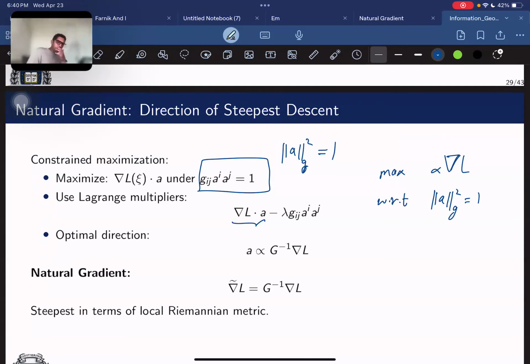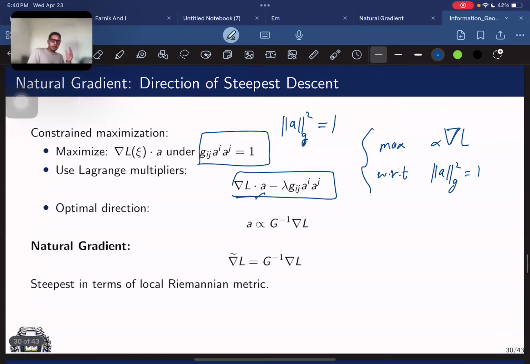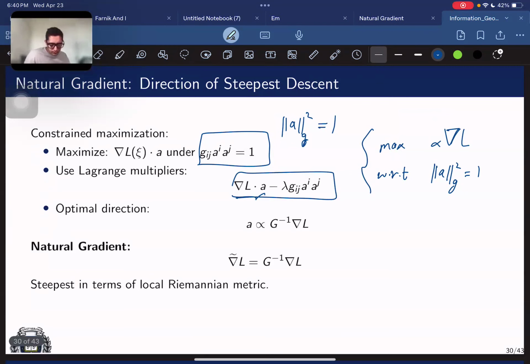If you write the Lagrangian of this problem, it would be this. And then if you take the gradient with respect to A here, you would get that A is given by the inverse of the Fisher information matrix times the gradient.